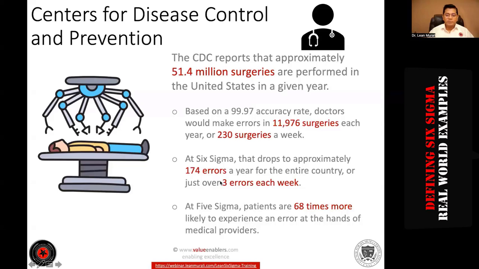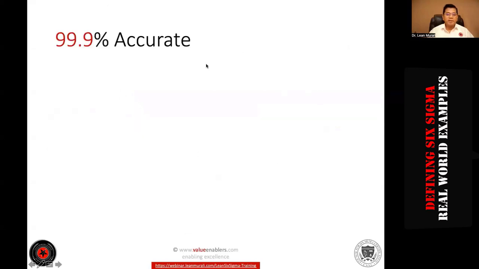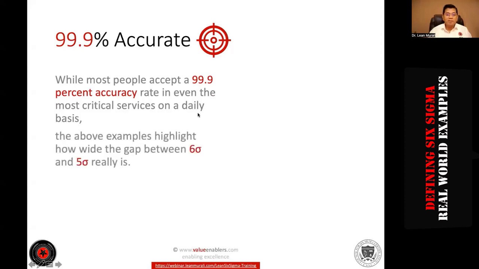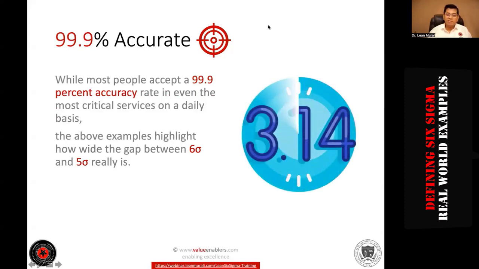Okay, so 99.9% accurate. What does it mean? While most people accept 99.9% accuracy as very good, the above example highlights a wide gap between Six Sigma and Five Sigma levels.